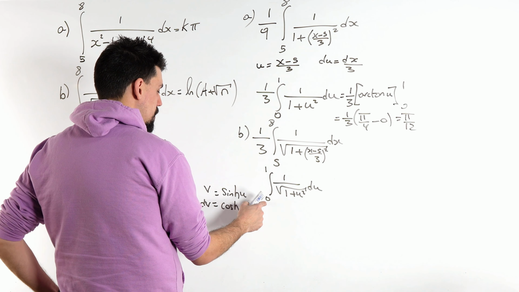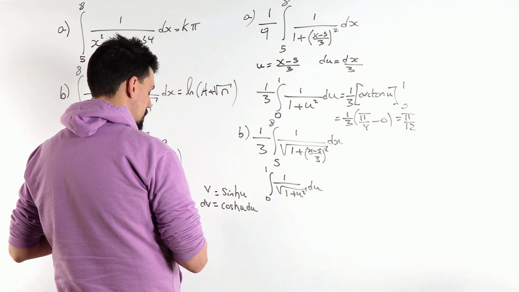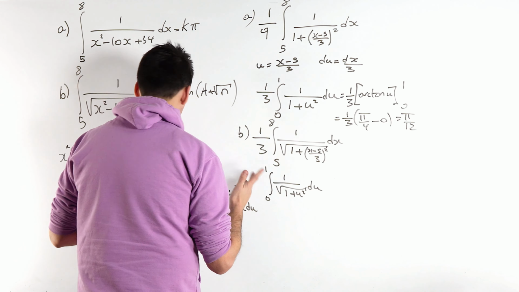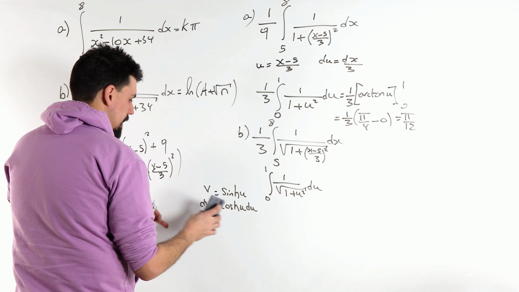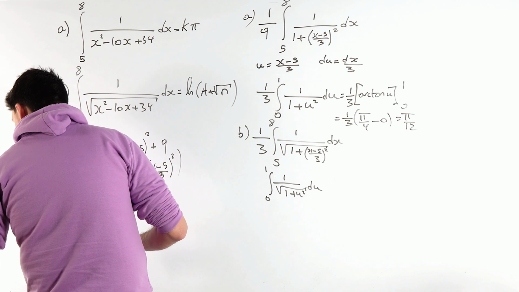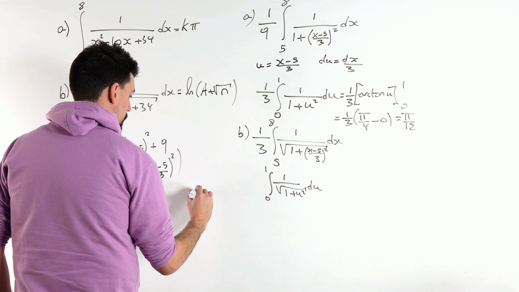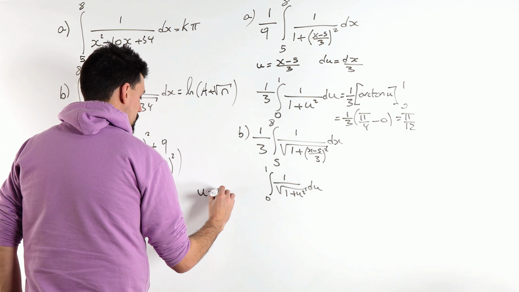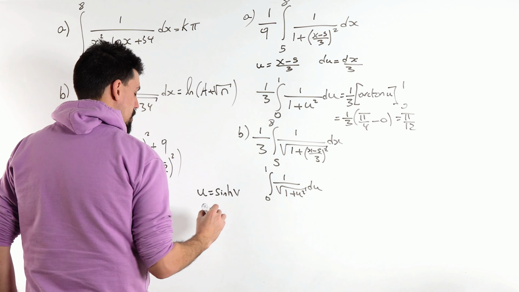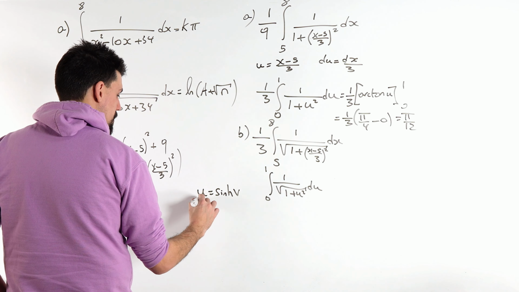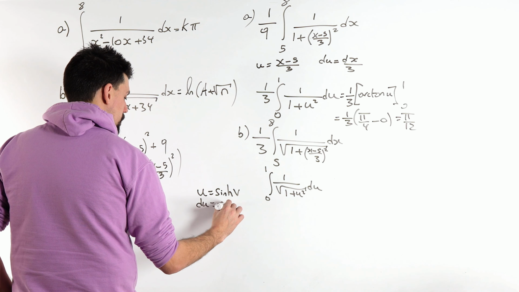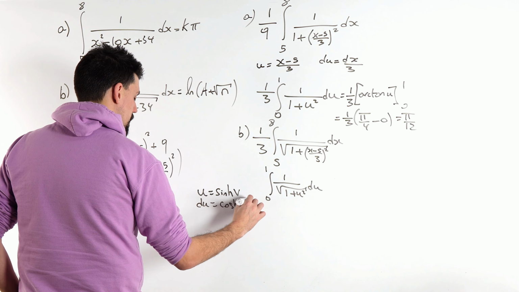So, if u is 0, being a silly Billy, u is sine v. Much better. du is cos v dv.